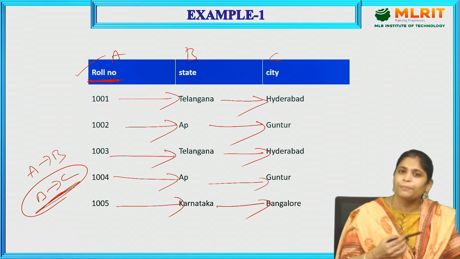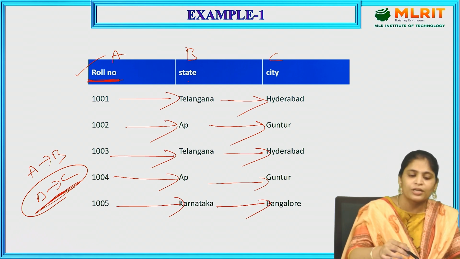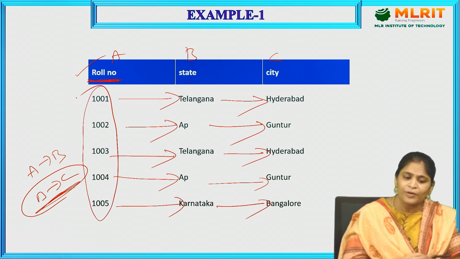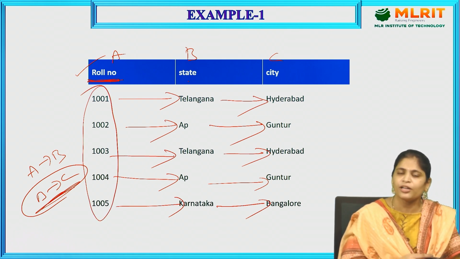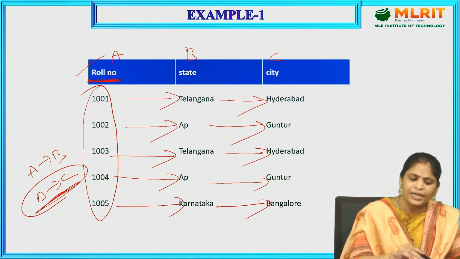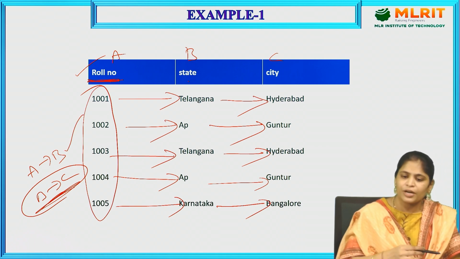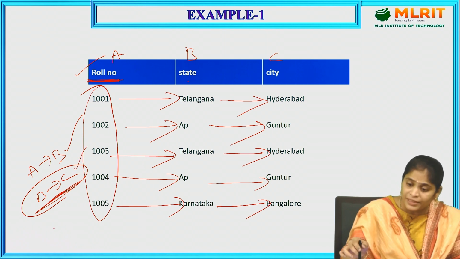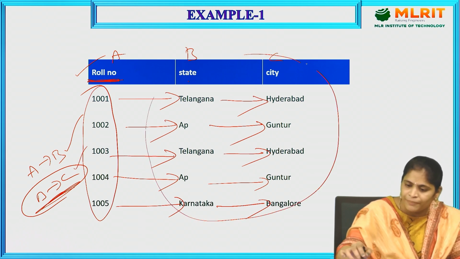That is nothing but a prime attribute, the key value. It is a super key or a candidate key. Why? Because it is unique and not null. So this is the key attribute, and A derives B is correct. B is also deriving C.